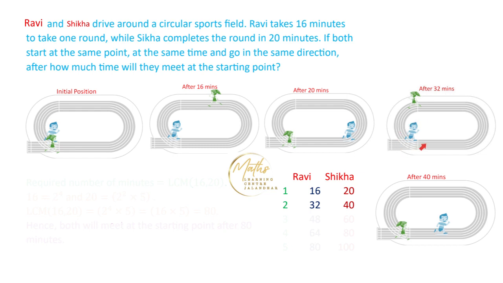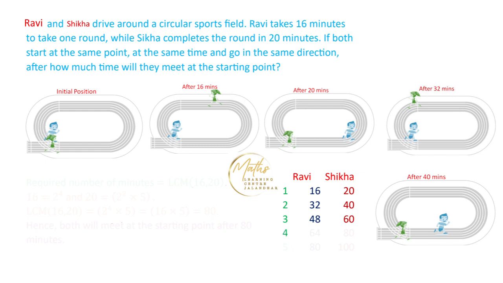Ravi will complete his second round after 32 minutes, and Shikha will complete her second round after 40 minutes, and Ravi will be ahead of Shikha, but the distance between them will decrease. Again, in the third case, when they complete their third round, Ravi will complete after 48 minutes and Shikha after 60 minutes.